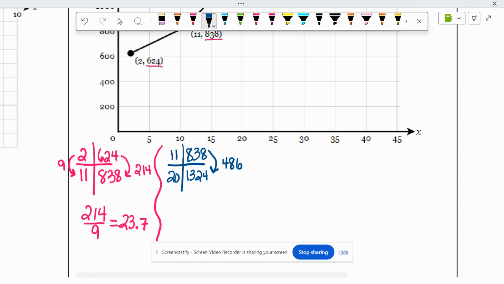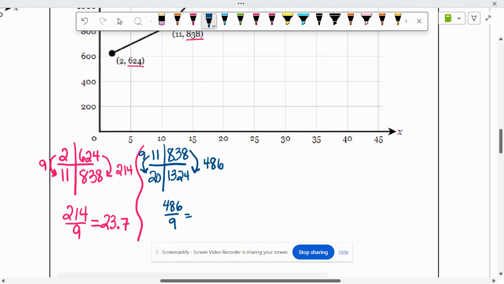Yeah, 486. What about the x side? Is it getting bigger or smaller, Lionel? What do I add to 11 to make it equal 20? Yeah, good job. So you take the 486 and you divide it by 9. Jordan, what is 486 divided by 9? Say again. 54.